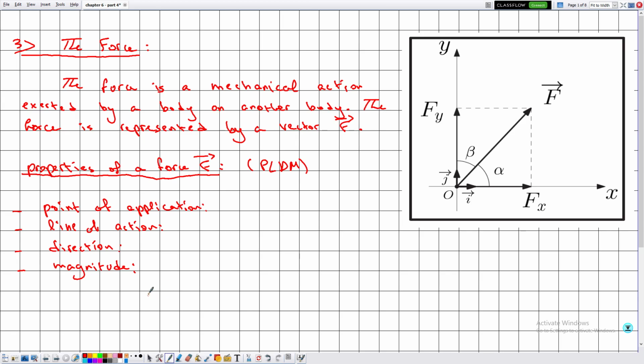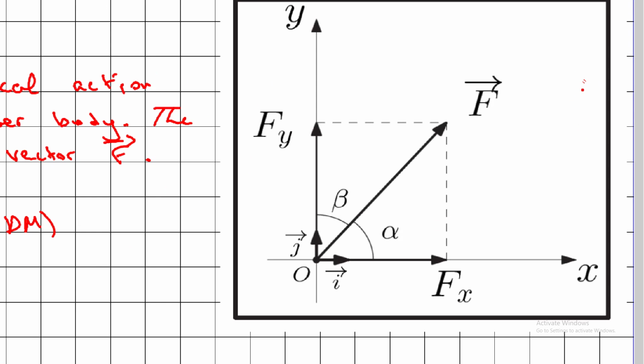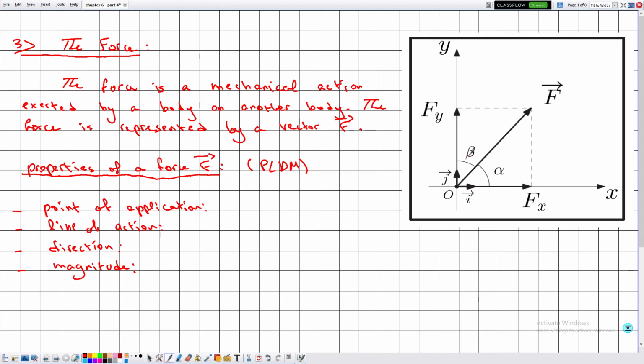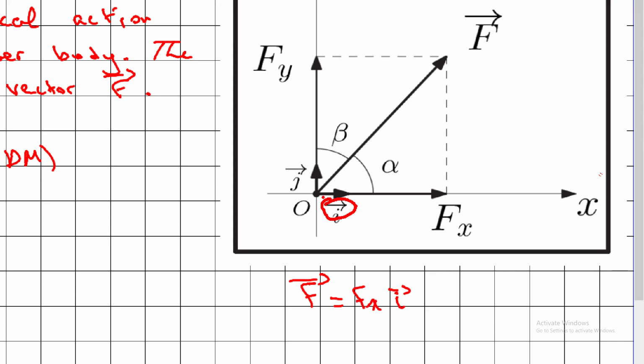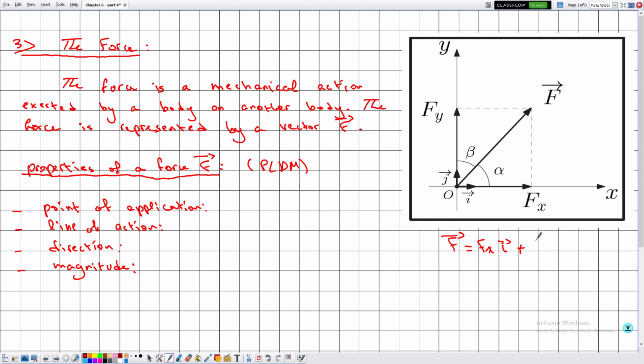Now in this case we are interested in representing these properties using the vector formulation. If you consider the document on the right, we have a force vector F lying in the xy plane, making an angle alpha with the x-axis and an angle beta with the y-axis. So in this case the force F can be written as Fx, the unit vector i, where the unit vector i represents the x-axis, plus Fy multiplied by the unit vector j.